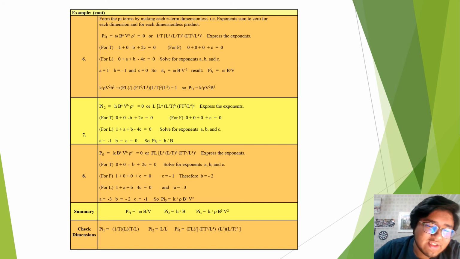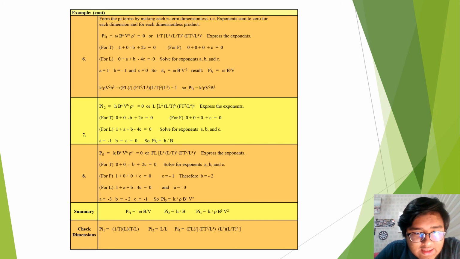So next, the seventh step is to find the value of pi2. Okay, the equation for pi2. So pi2 is h times b times v times rho. So the equation is stated there, which is l in l over t and all that.